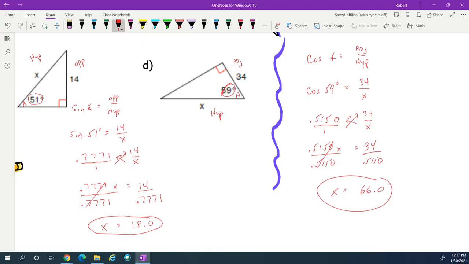Identify and label the sides, choose the formula, plug in for the angle and the two sides, convert the trig ratio to a decimal, and cross multiply. And of course, solve for x.